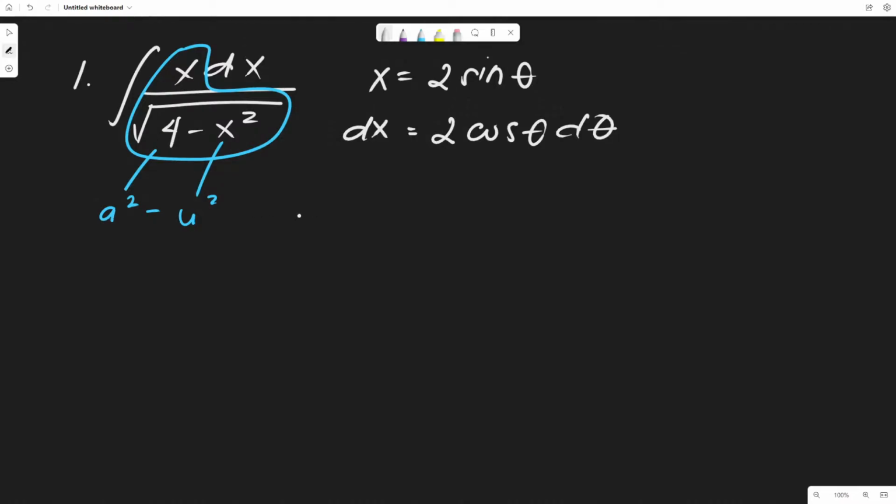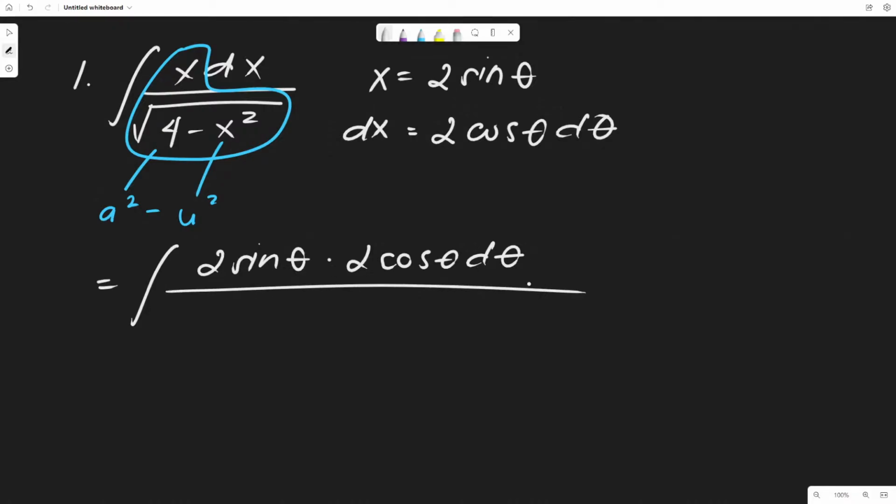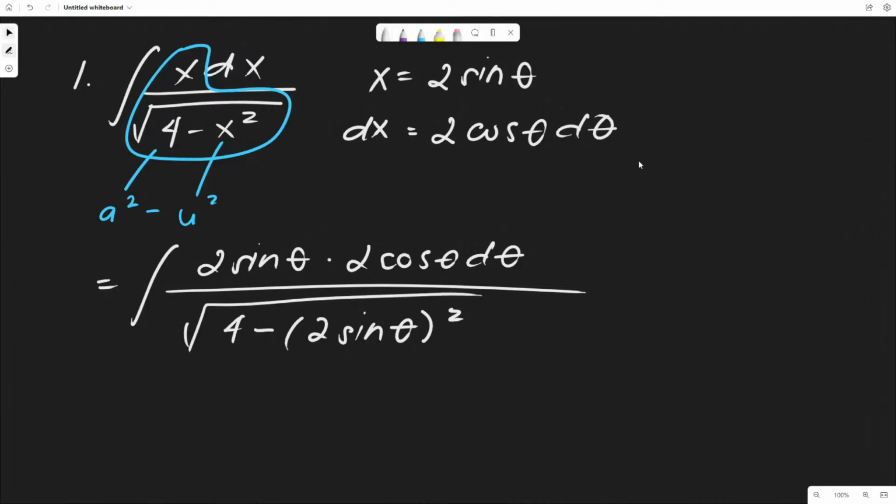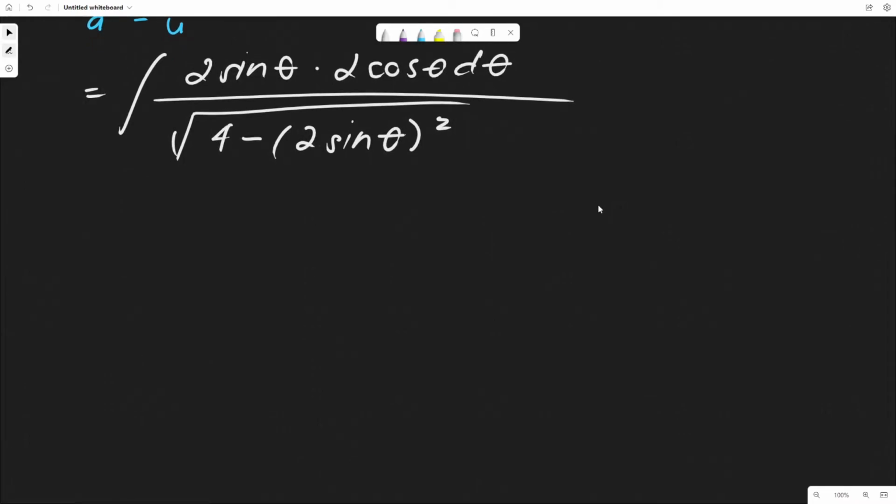Our new integral is 2 sine theta, which is our x, times 2 cosine theta d theta, which is our dx, over the square root of 4 minus 2 sine theta squared. Next, we evaluate the denominator.